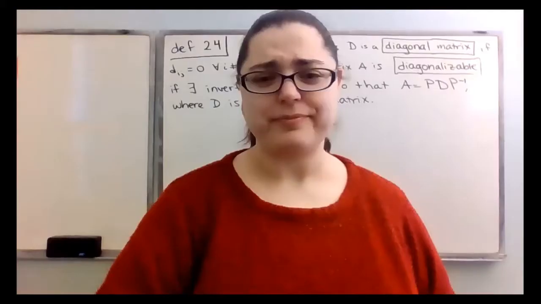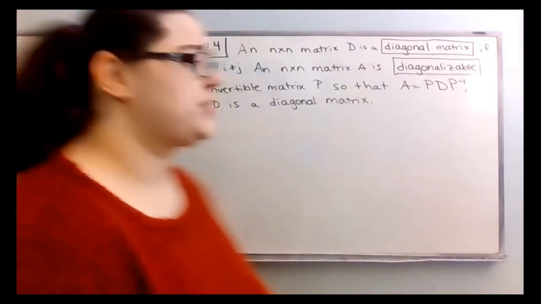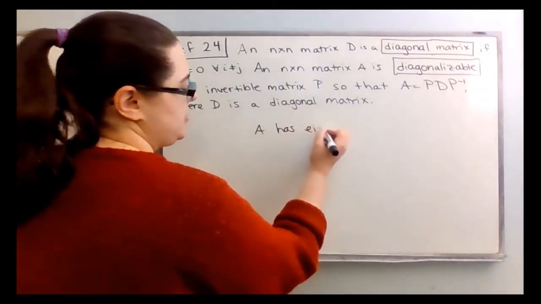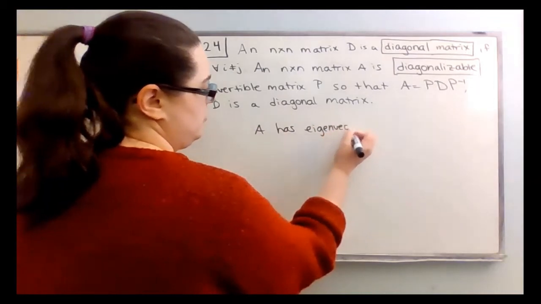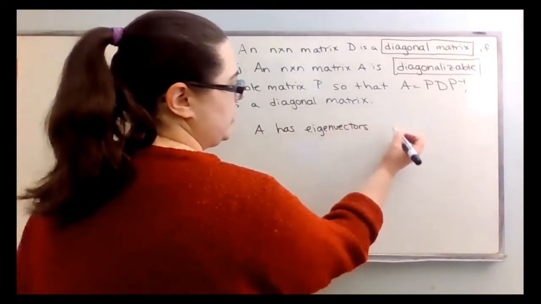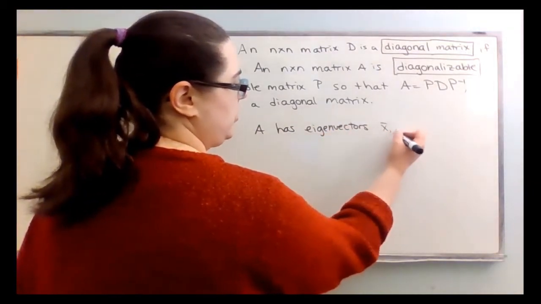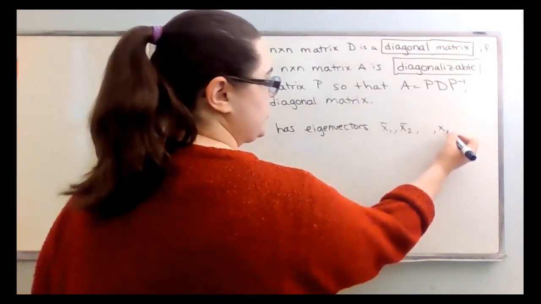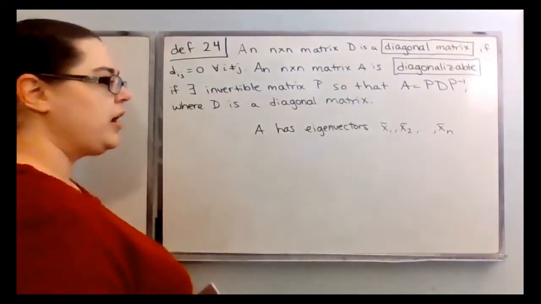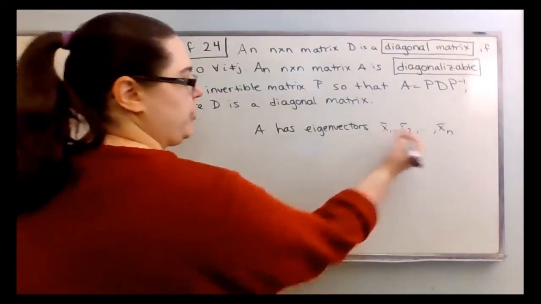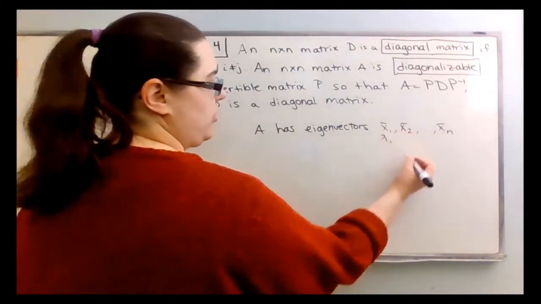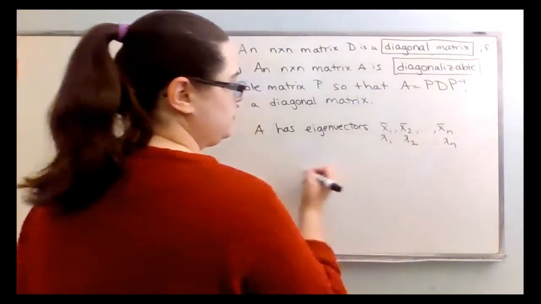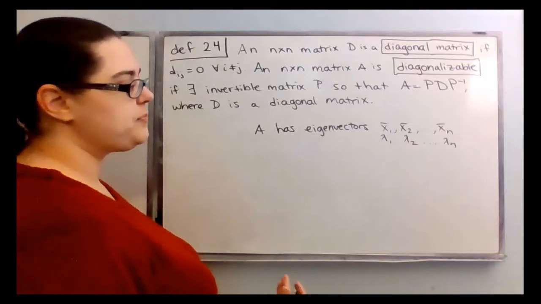Well, what it's saying is the following. Let's say A has eigenvectors x1, x2, up to xn, and their corresponding eigenvalues are lambda 1, lambda 2, etc. So those are our eigenvalues.